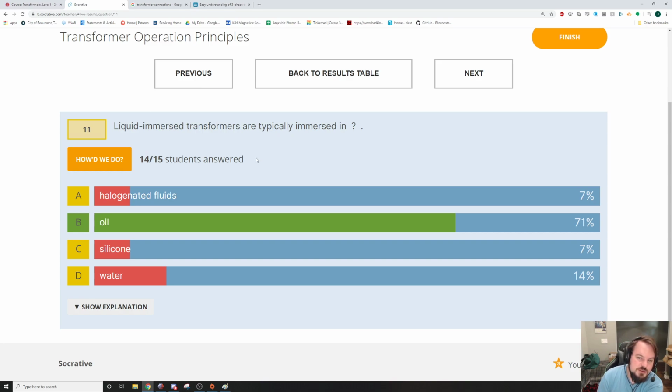Liquid immersed transformers are typically immersed in oil. I believe it's mineral oil. Mineral oil is a non-conductive oil, so you're not going to want to immerse a transformer in something conductive. The oil acts as a coolant.